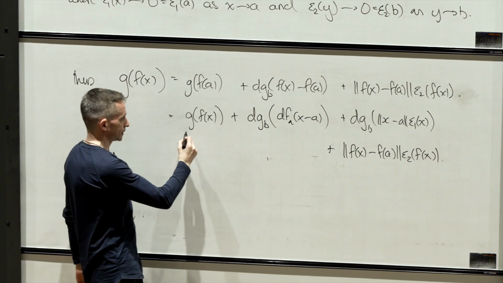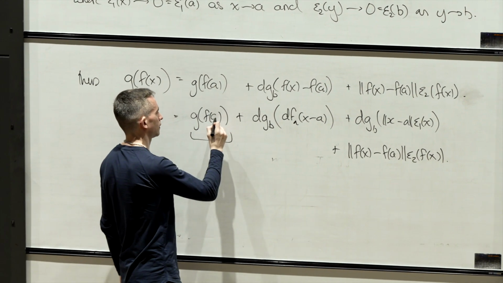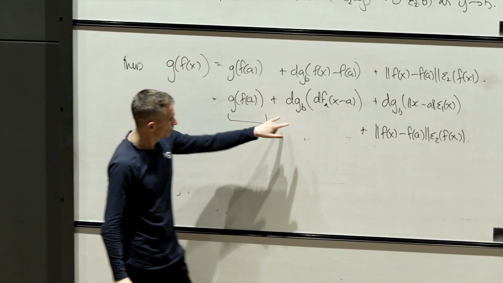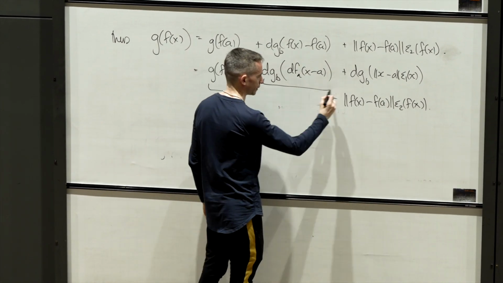So this is the value of the composition at the point a. This is the linear map applied to x minus a that we're claiming should be the derivative.